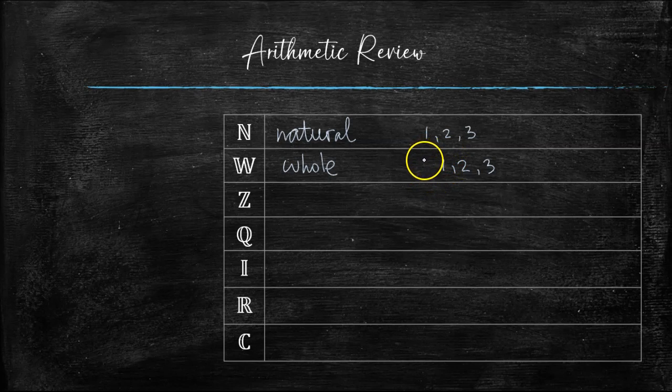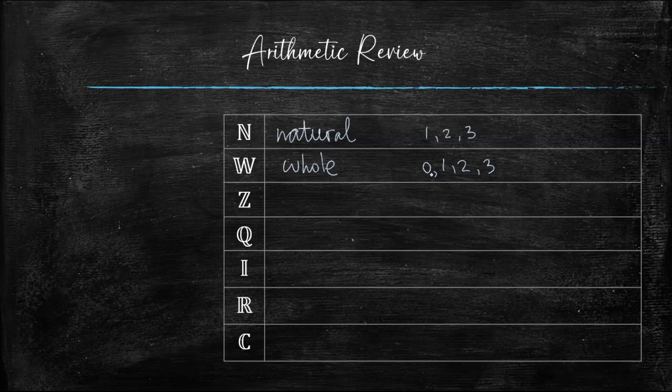0 wasn't initially considered to be a number because numbers represented quantities and 0 didn't seem to be representing any quantity. So initially it actually represented the absence of quantity, but eventually, the saying, if it sounds like a duck and it walks like a duck, then it has to be a duck.